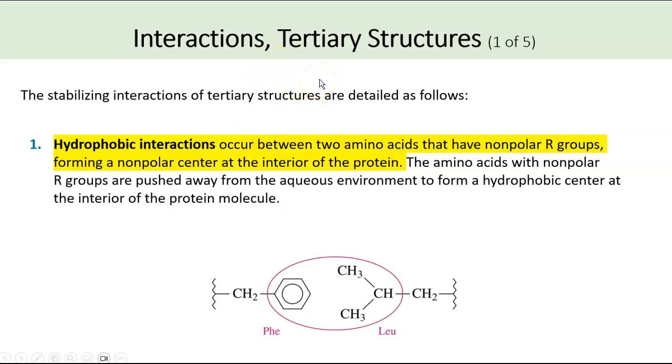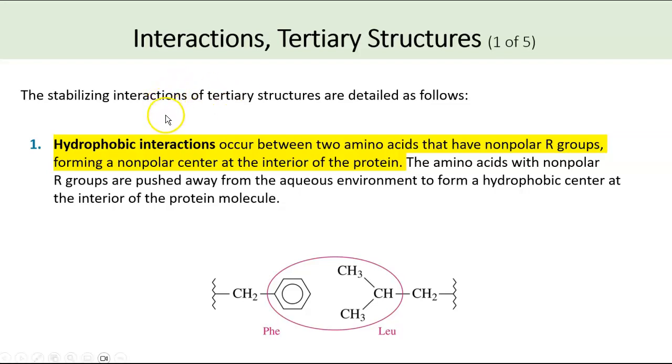This is one most important part in this lecture series, to identify what are the interactions that make these three-dimensional structures of proteins. So as these are globular proteins, or as these are three-dimensional structures of proteins, there should be some stabilizing interactions to keep the shape of these proteins.